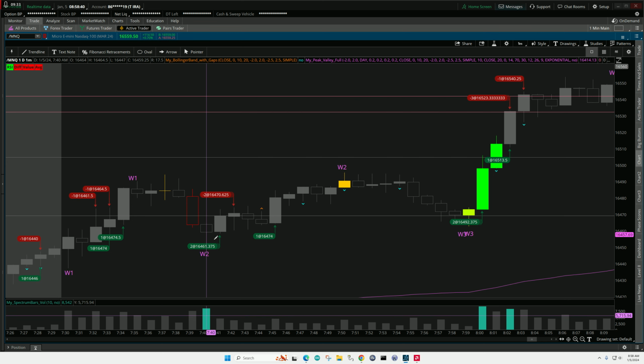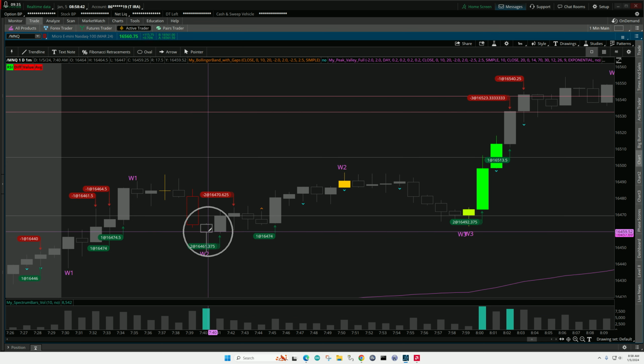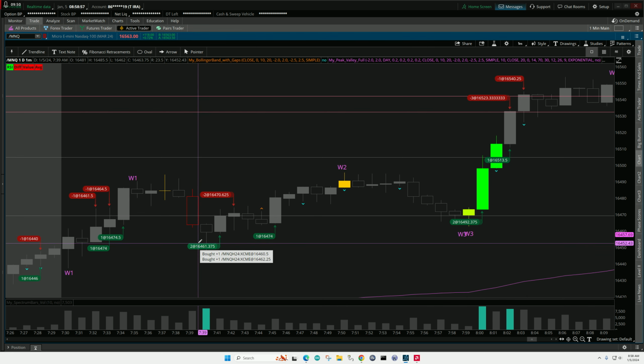So this is a point of interest, and what goes through my mind is, okay, is this where a bunch of shorts occurred, or is this where a bunch of long positions were established? We don't know.